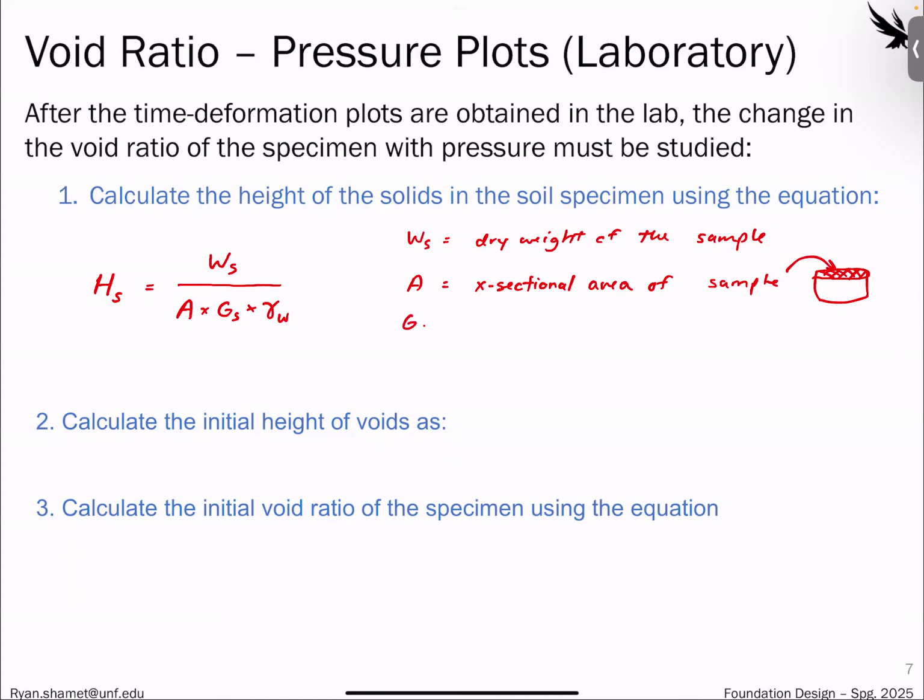And then Gs is specific gravity, which was an experiment we did in Geotech 1. And then of course, gamma w is the unit weight of water. And those two multiplied by each other is just so we can get that unit weight of the solid, right? That's what specific gravity is, the unit weight of the solid divided by the unit weight of the water.